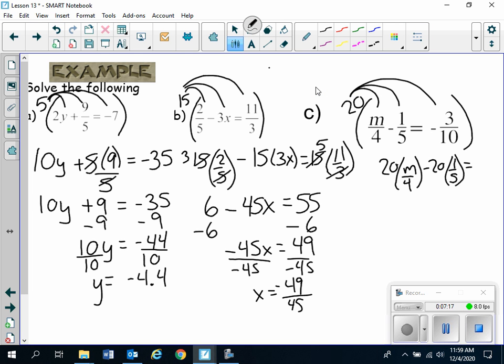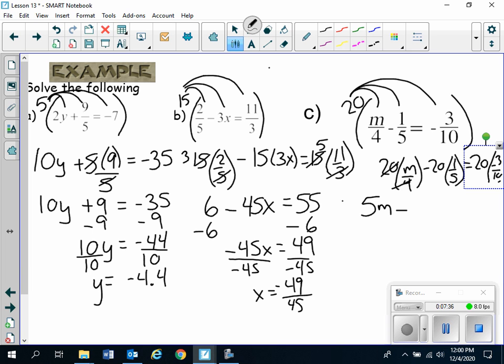And then lastly, we have 20 times negative 3 over 10. Simplifying our question now, we have 20 divided by 4. So we can simplify that into 5.